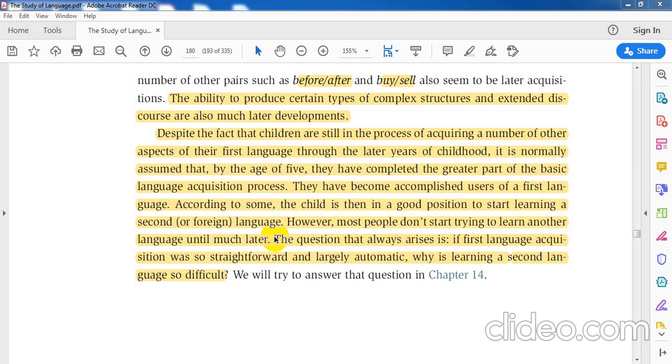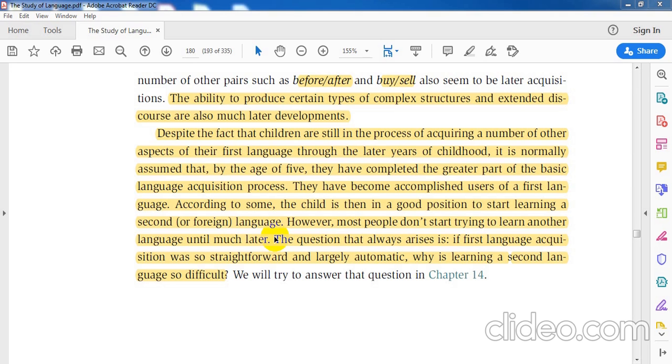Since we can diagram a particular stage or stages through which a child passes to acquire his or her first language, it seems very vivid and clear that we have straightforward and automatic processing for that child to acquire the L1.